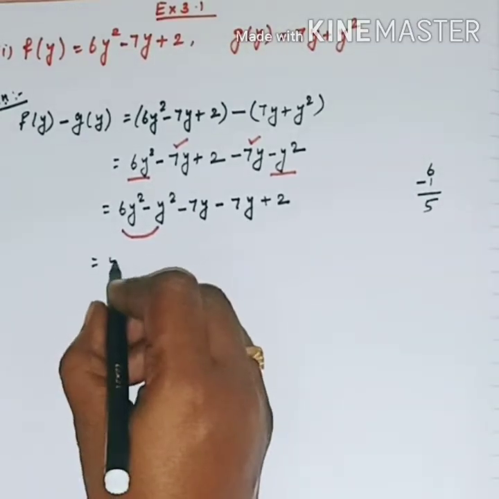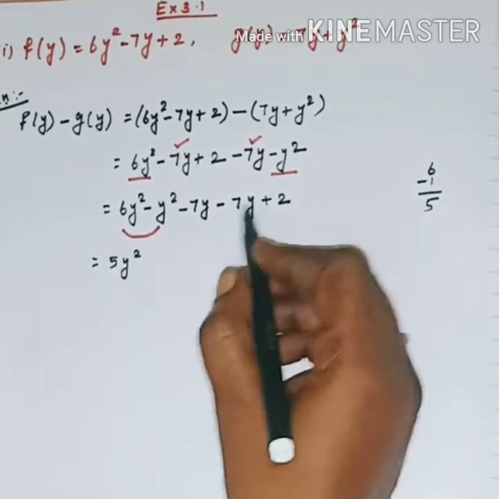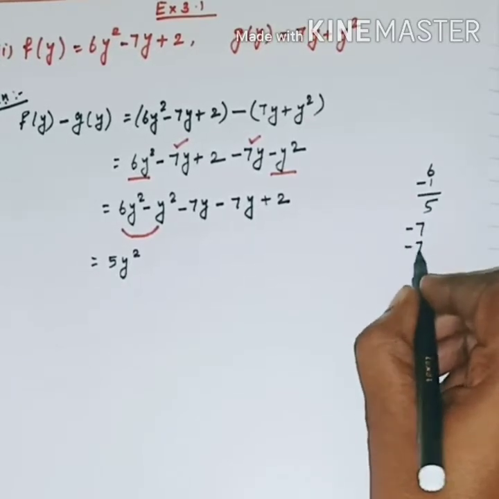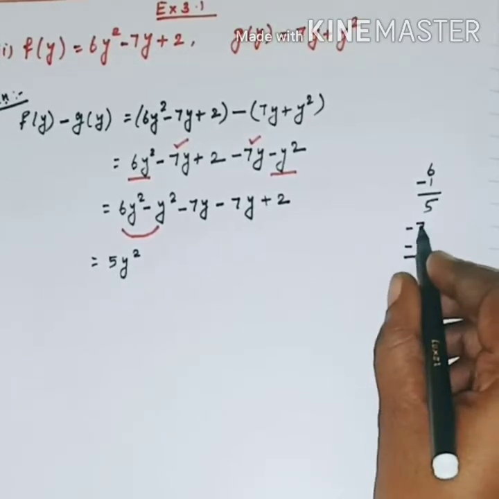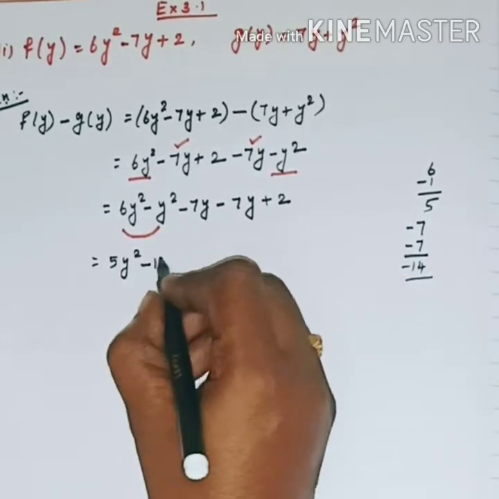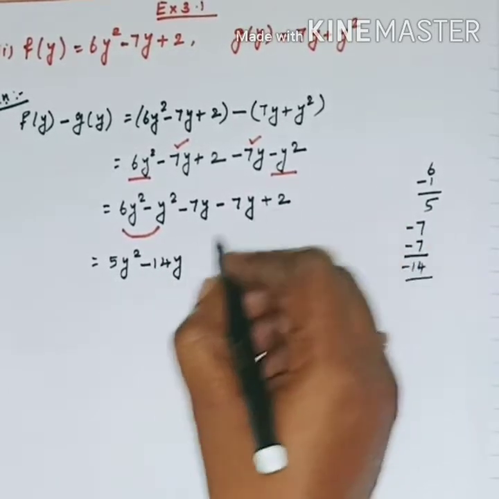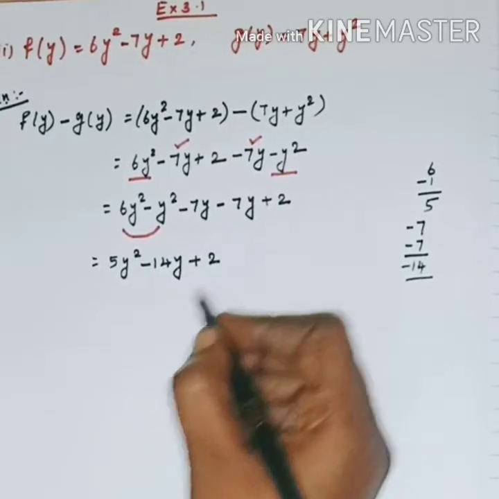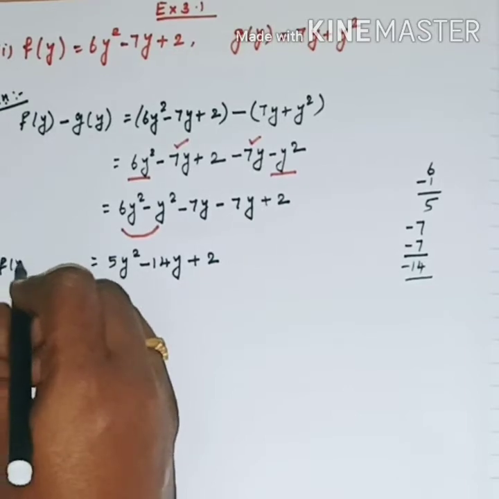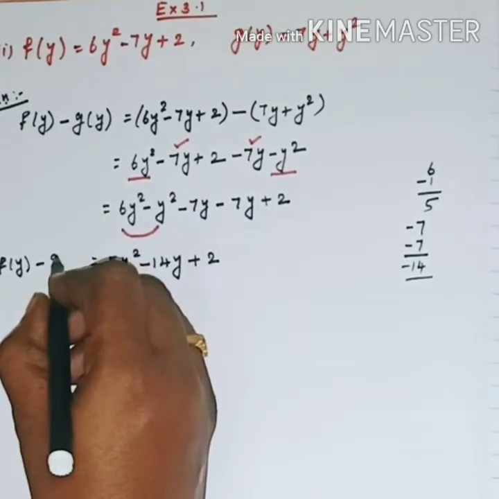So 5y square, and then here we have minus 7 minus 7, which is minus 14. So minus 14y, and then the constant term is plus 2. So this is the answer for f of y minus g of y.